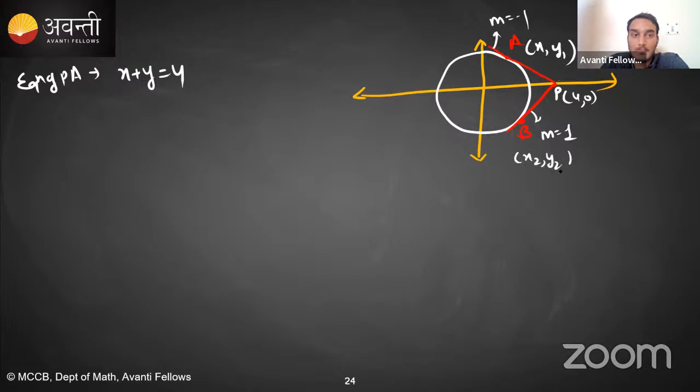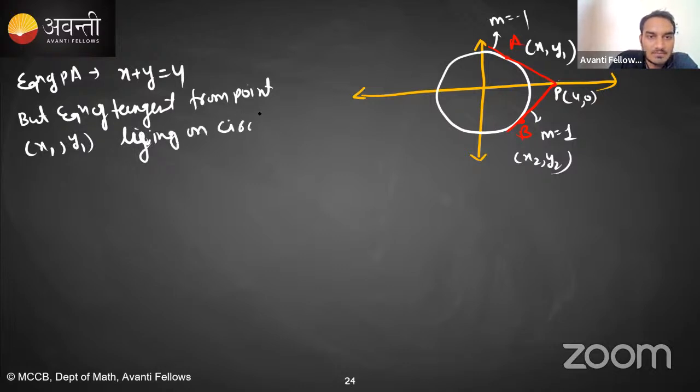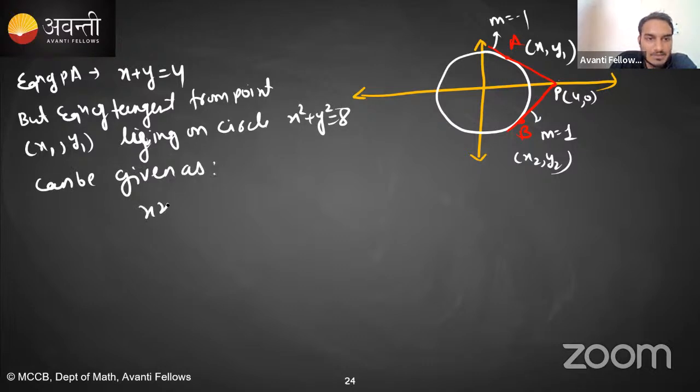Point A is x1 comma y1. But the equation of tangent from point x1 comma y1 lying on the circle x square plus y square is equal to 8 can be given as x x1 plus y y1 is equal to 8.